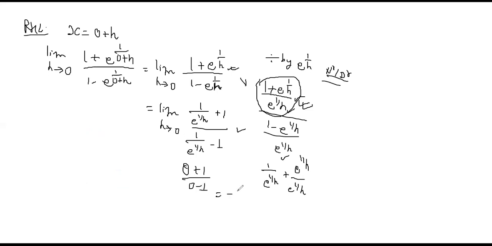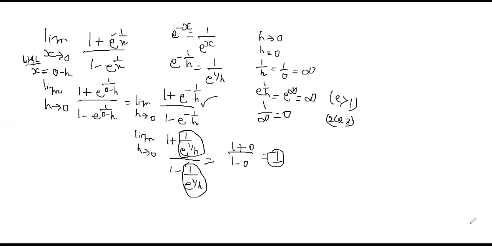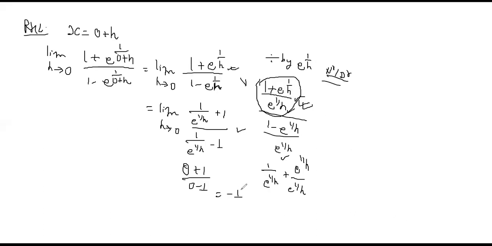It will be equal to minus... it is 1 here and here it is minus 1. Are LHL and RHL equal? No, they're not. So the limit does not exist. Got it? Limit does not exist.